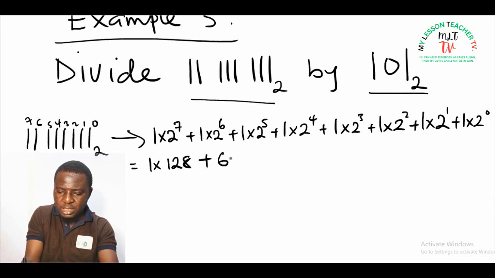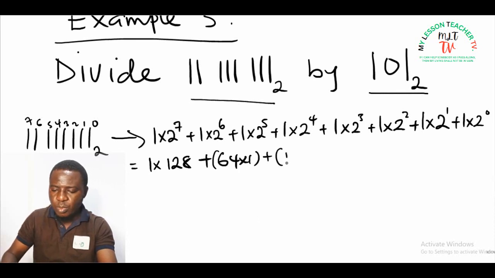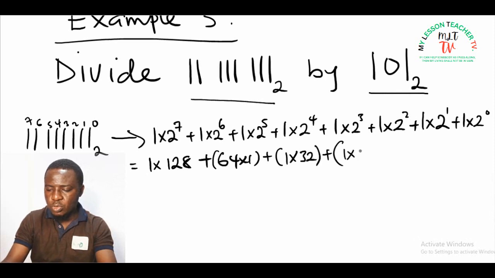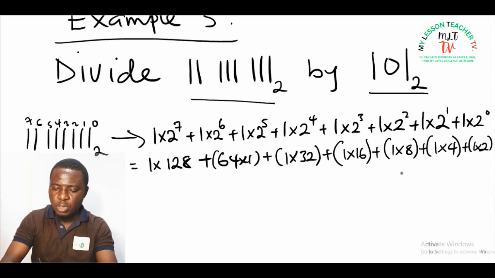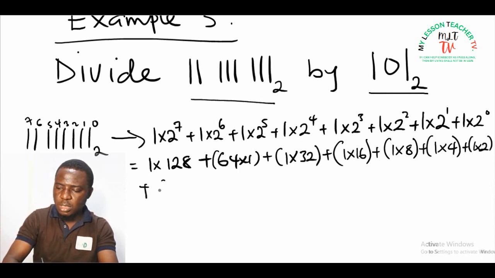2 raised to power 6 is 64. So 64 times 1 plus 2 raised to power 5 is 32 plus 2 raised to power 4 is 16 plus 2 raised to power 3 is 8 plus 4 plus 2 plus 1 times 1.